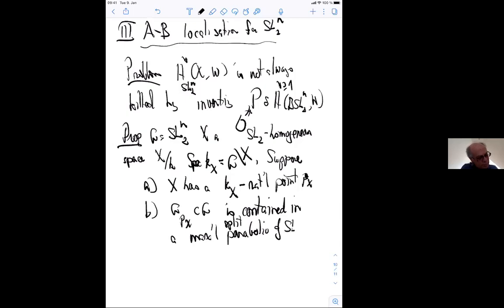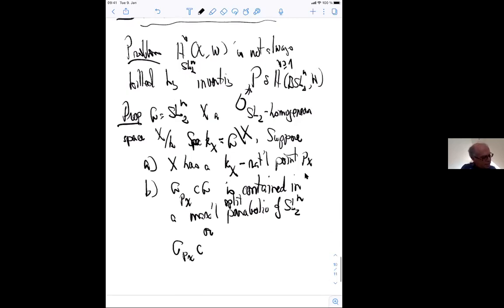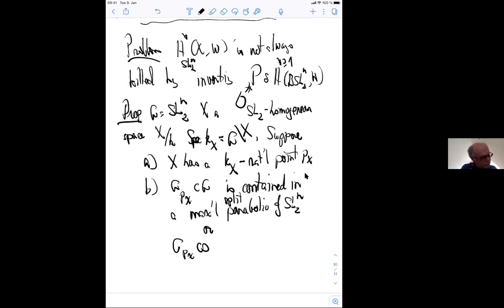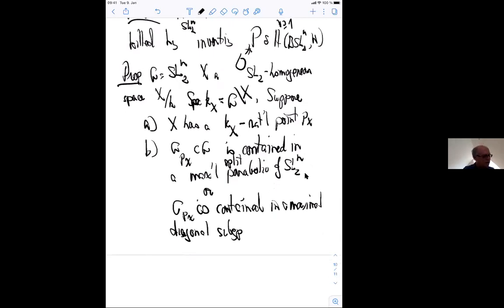of G, so SL2 to the N, or is contained in a maximal, I just made up this name, maximal diagonal subgroup. So what's a maximal diagonal subgroup?